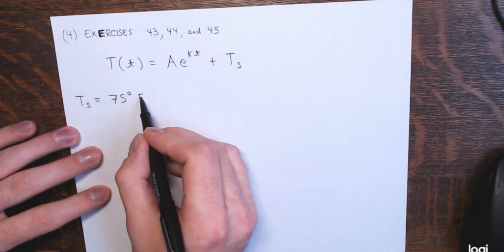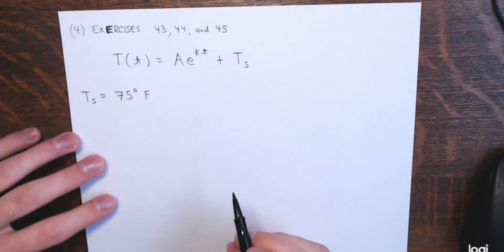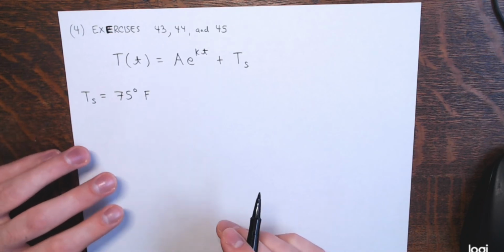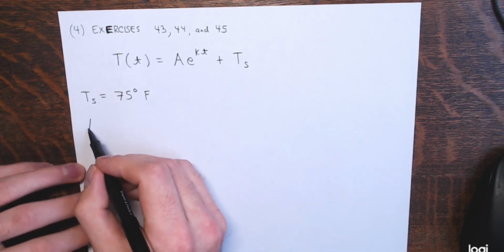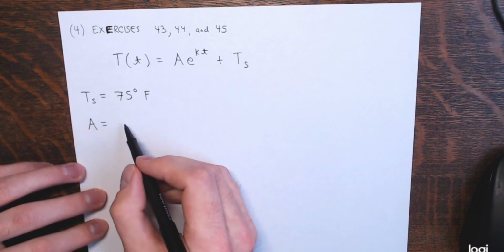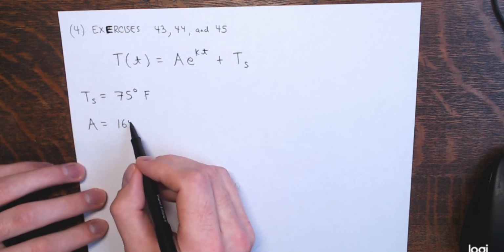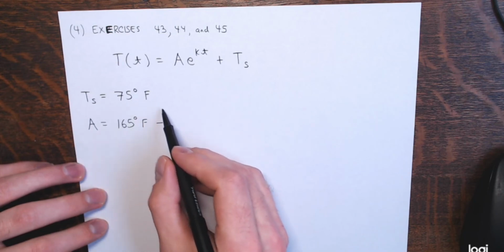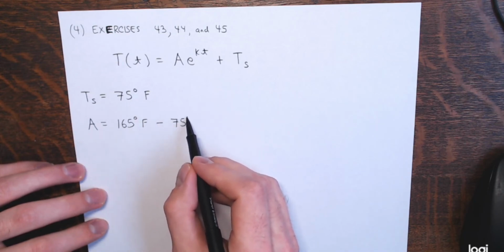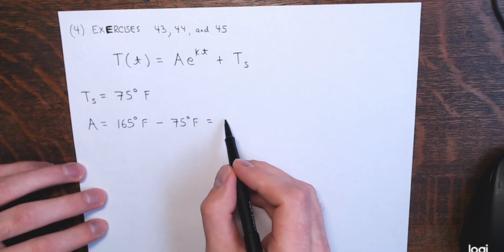And this also works for Celsius if everything's in Celsius or Kelvin. Just pay attention. The value of A, though, the initial temperature of the turkey was 165, and then you subtract the temperature of the surroundings, the initial difference. So again, I said that was 90.